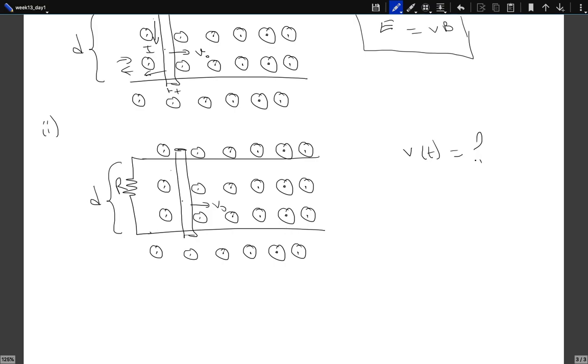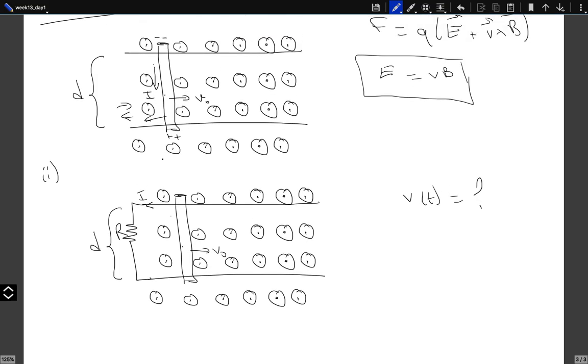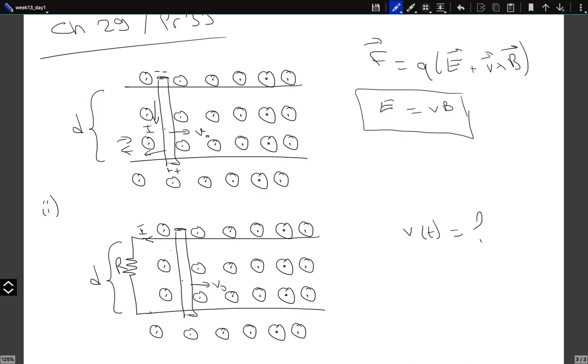Now what will happen? Now we will have a current in the counterclockwise sense. No, in the clockwise sense. Well, it's very similar to the first one, but in the first one we had this accumulating of charges.